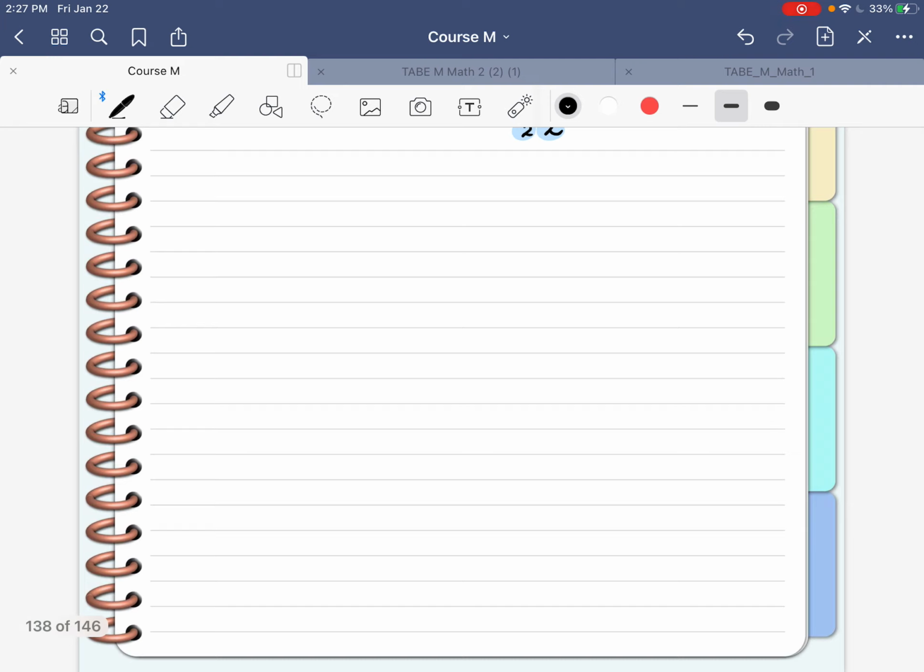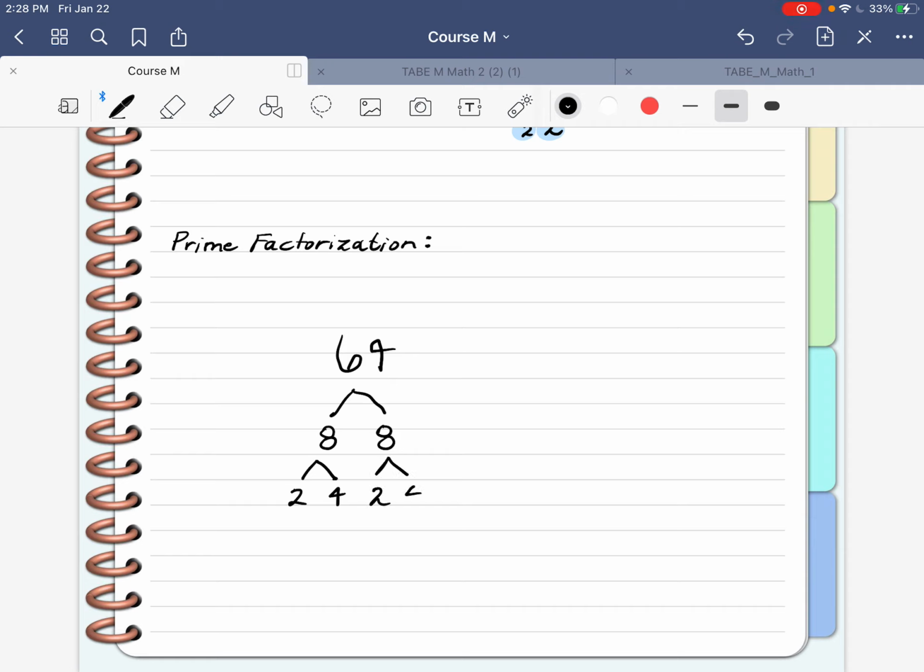Okay, let's do one more. My pen is running low, so I'll fit in one more, I hope. Let's use the number 64. So my composite is 64. 64 is a product of 8 times 8. 8 is 2 times 4. The 4's will break down.